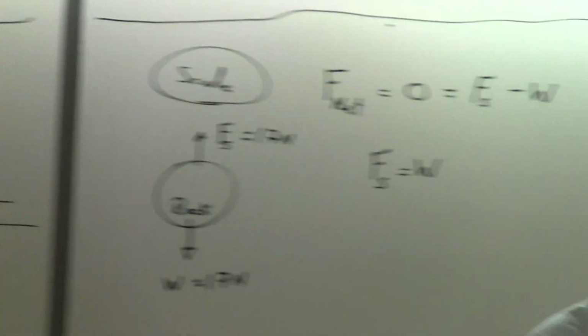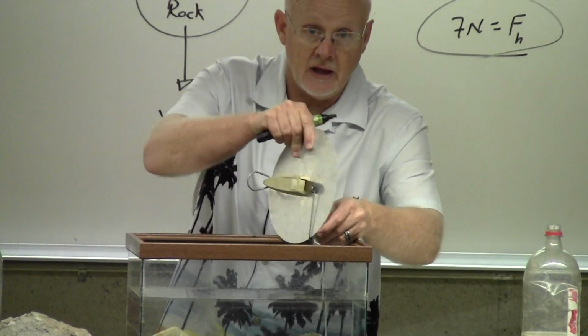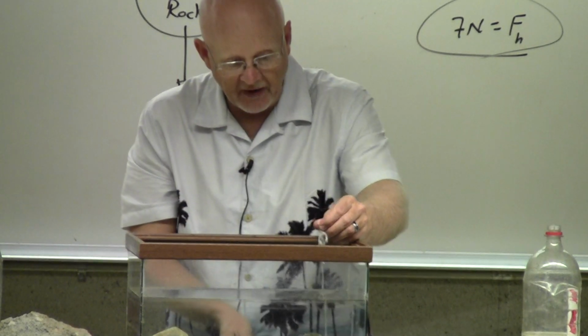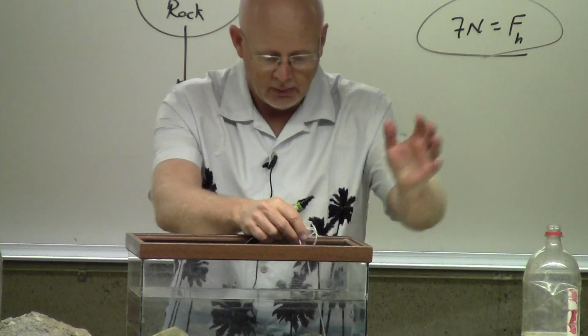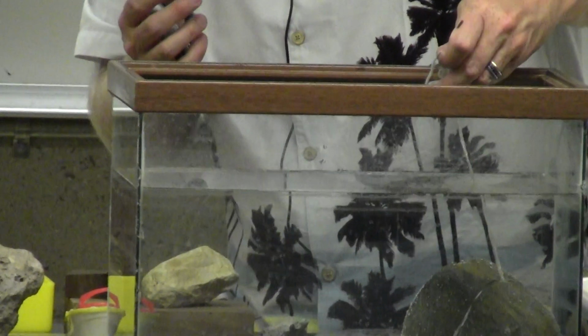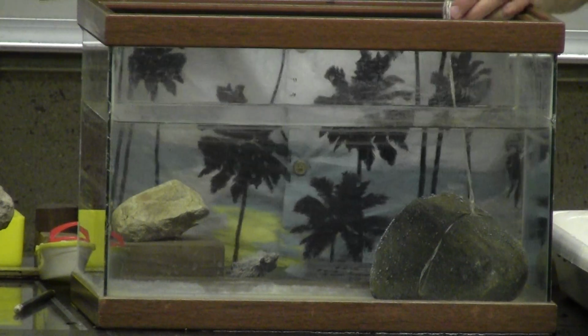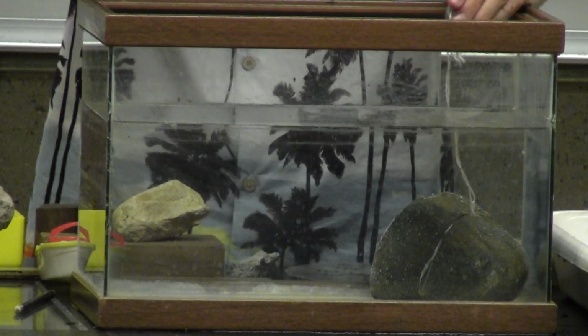Now, it probably doesn't take much more than you to see the obvious, but if I completely let go of the string on the rock, and I'll just hold it here because I don't want to get the whole string wet, the rock will sink to the bottom. But let me emphasize, the water is still pushing up.